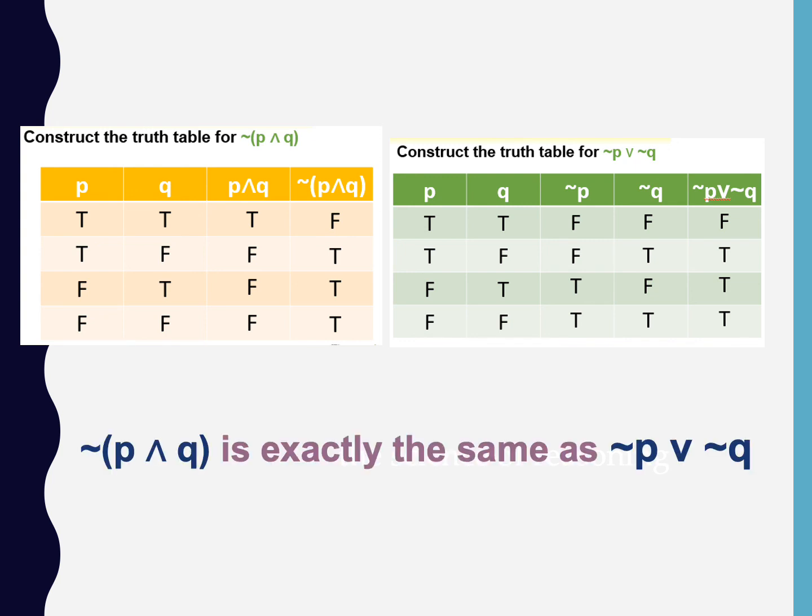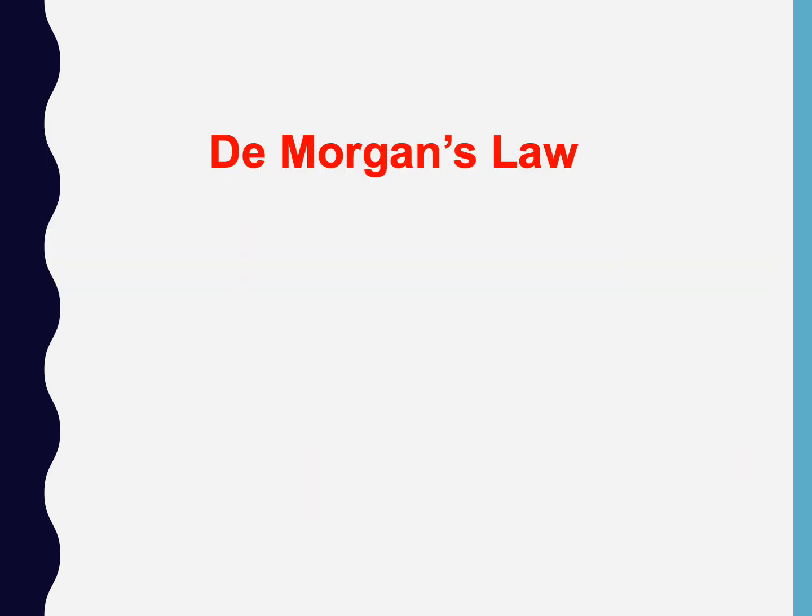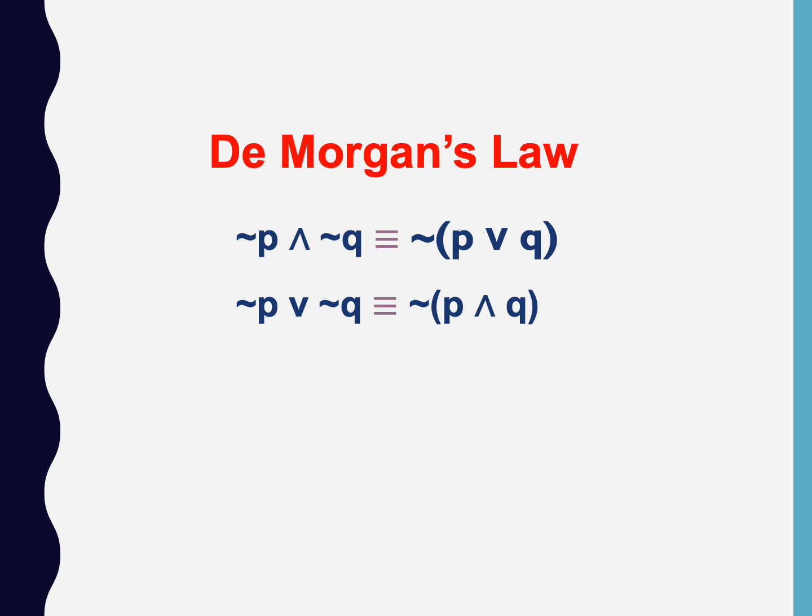So we can also say that not conjunction P and Q is exactly the same as not P disjunction not Q. This is what we call De Morgan's law. De Morgan's law states that the two truth tables are exactly the same.